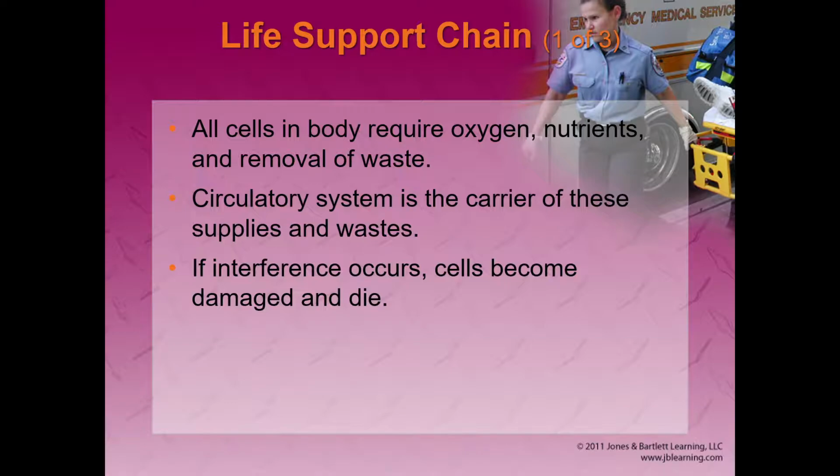Your circulatory system is the carrier of all of the nutrients and oxygen that the cells need, and it also carries away the waste. If any sort of interference with the circulatory system happens, cells become damaged and then they end up dying.